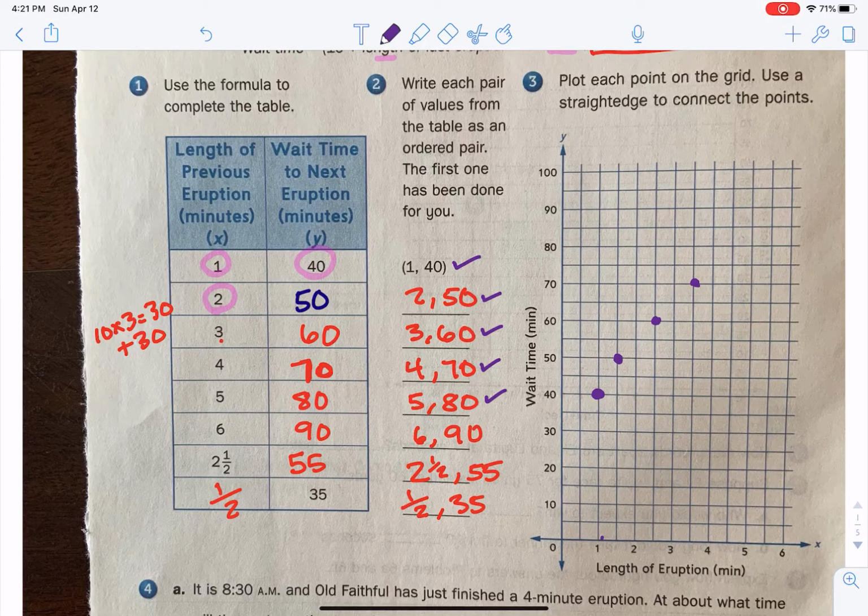5, 80, over 5 up 80. 6, 90, over 6 up 90. And 2.5, 55. 2.5 would be right there, 55.